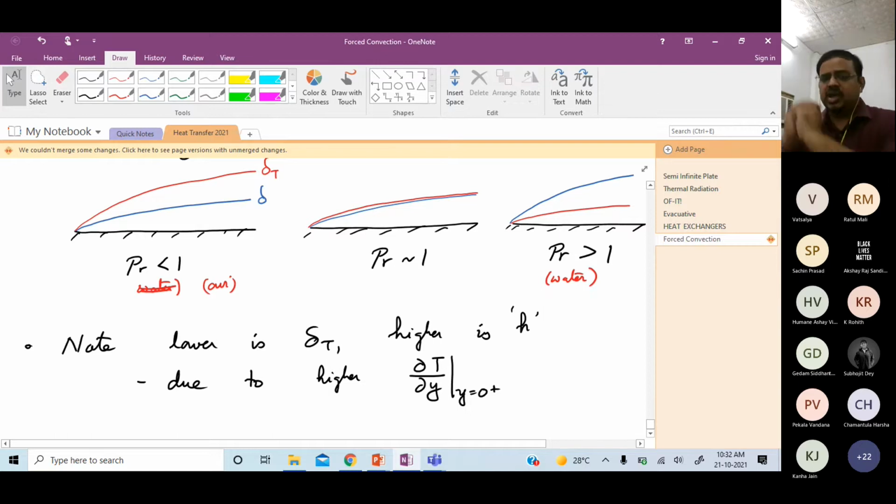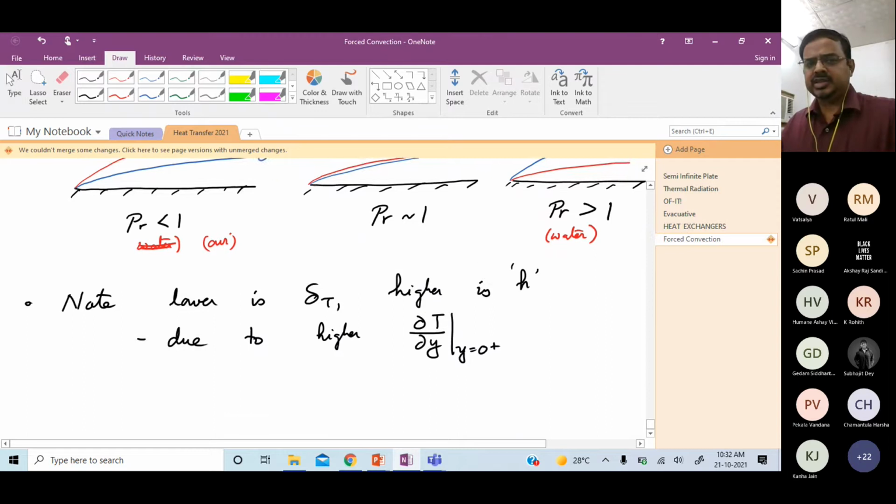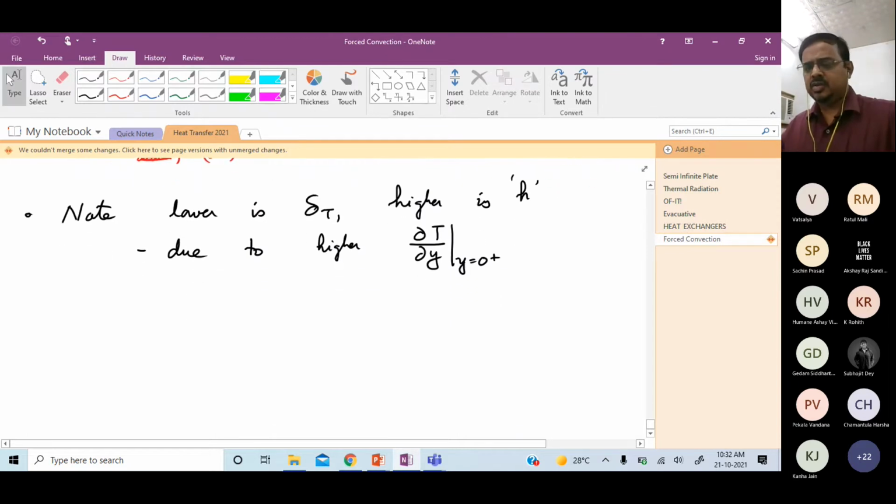These are the concepts that you should keep in mind. So now for laminar flow, if I give you a flat plate, isothermal boundary condition, you can use this correlation. Going forward, as I was telling you yesterday, heat transfer is more about correlations.